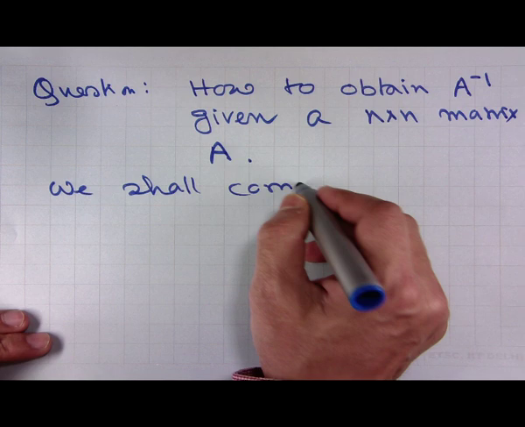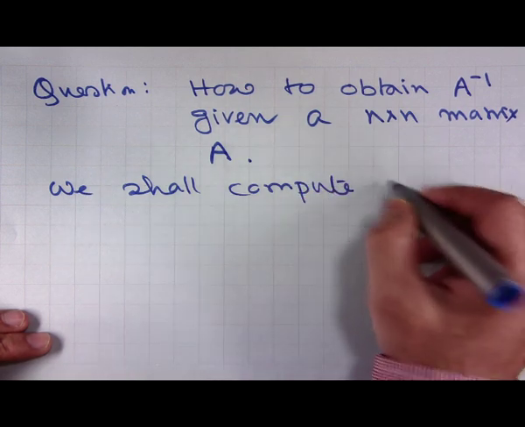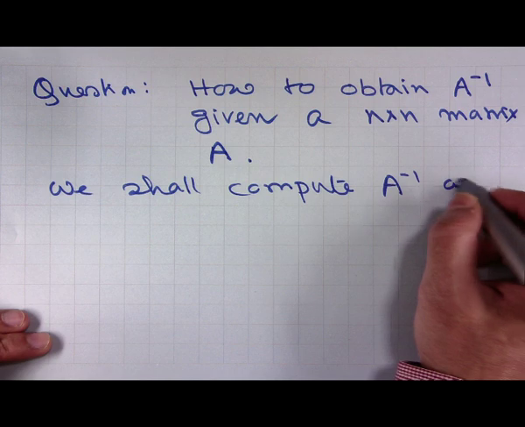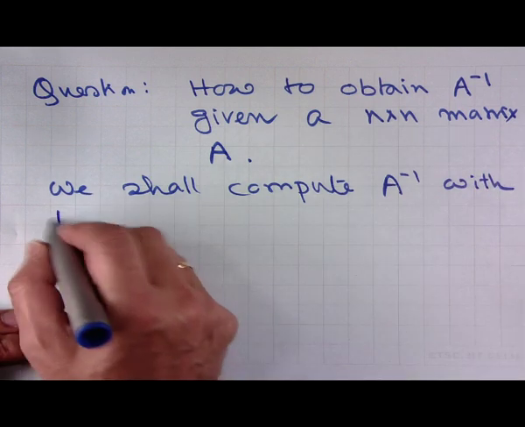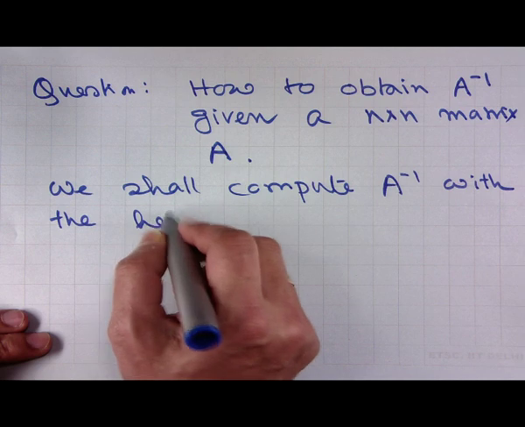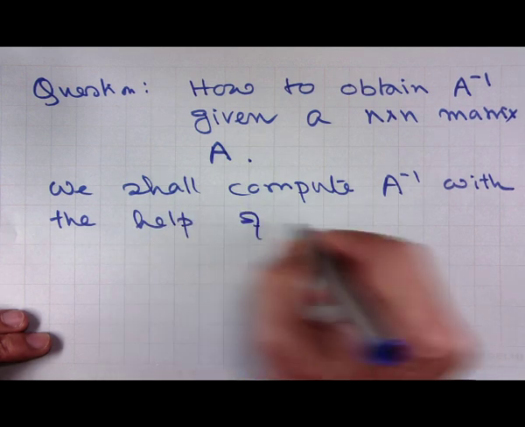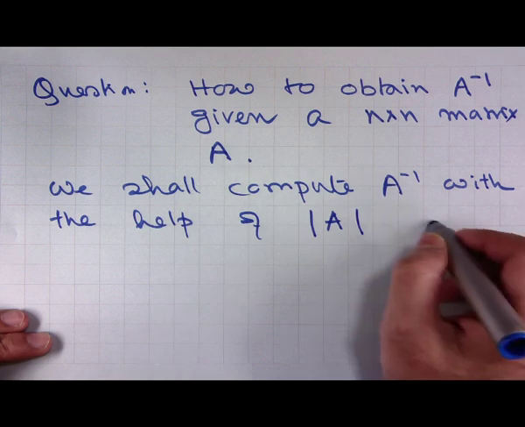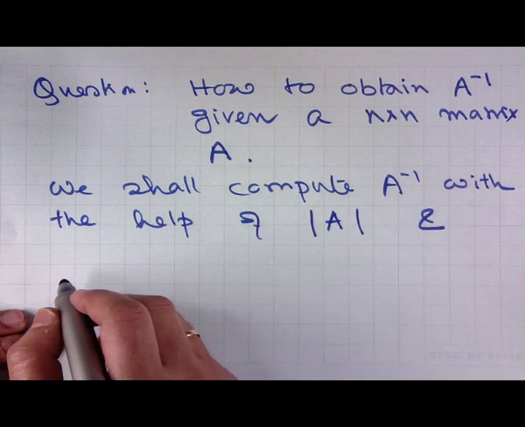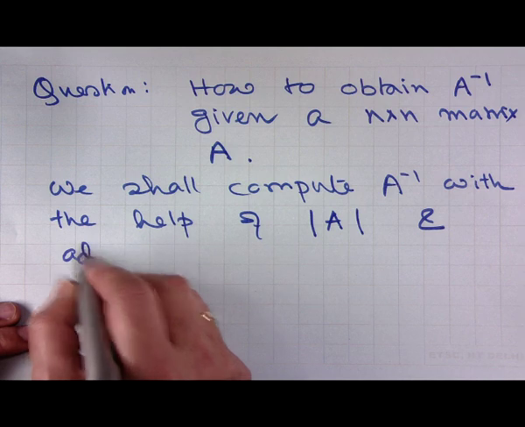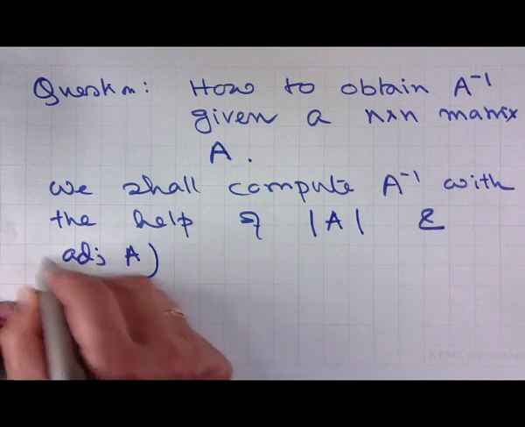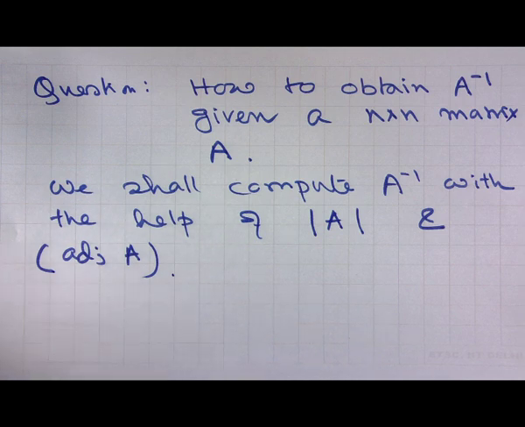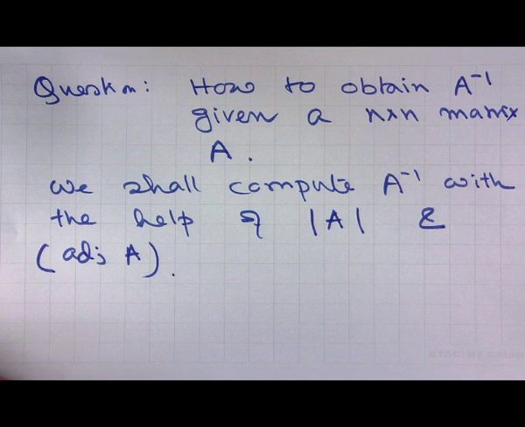We shall compute A inverse with the help of determinant of A and adjoint of A. All of you are familiar with adjoint of A, because in the last lecture we have discussed it in detail.